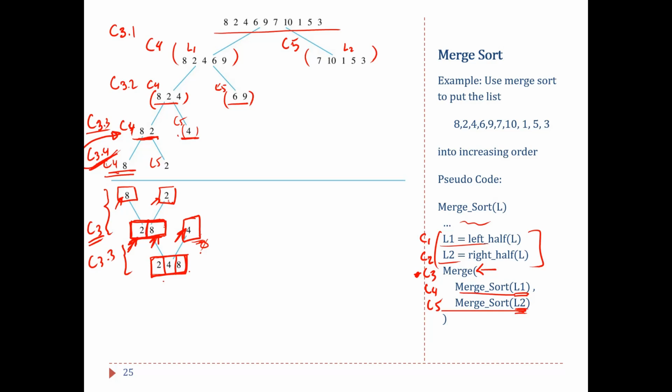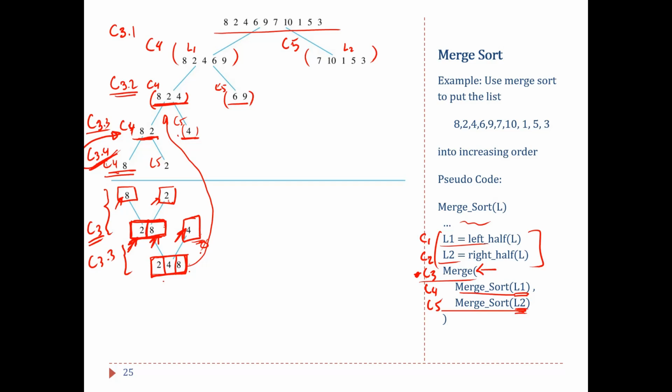So when this function's merge finishes and returns, it gives back this result to this function here. This is the result of calling merge sort over 8, 2, 4. It returns 2, 4, 8. Do you see? We cannot execute C3.2.